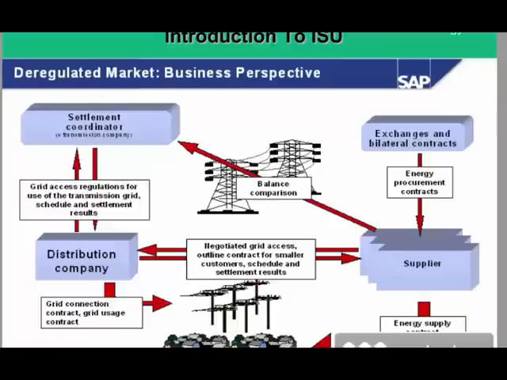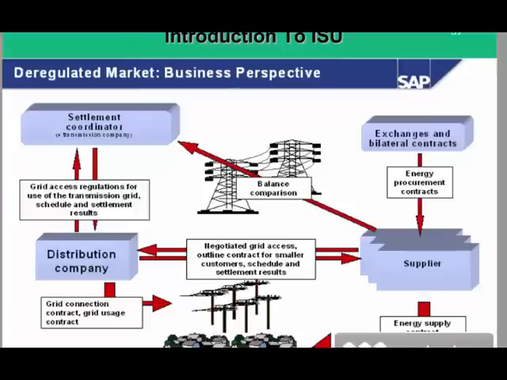Here you can see that in a deregulated market there are five entities: transmission company, distribution company, supplier, exchange and bilateral contracts, and business partner. Let me explain what exchange and bilateral contracts are. When there are multiple buyers and multiple sellers, to settle the price based on demand and supply, an energy exchange is created in a deregulated market.